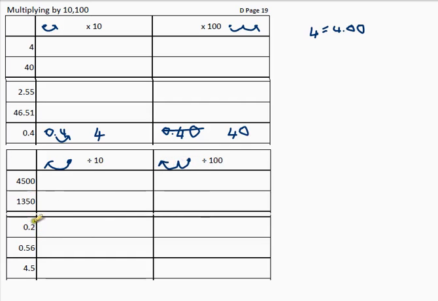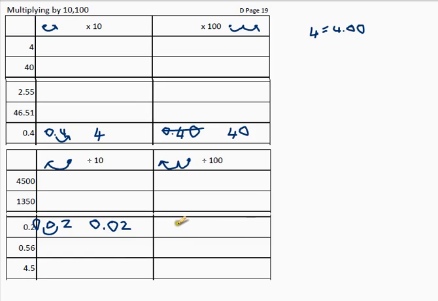Okay, let's check the 0.2. If we take that point and we move it back 1, that point is going to sit before that 0. We can add a 0 in there if we want, and it's going to be 0.02. Okay? There has to be a 0 before the point, always.